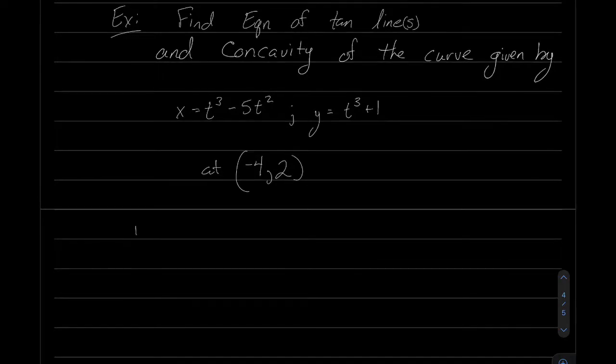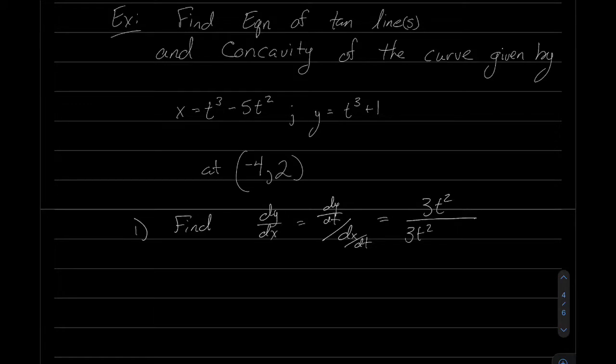So let's first start by finding dy/dx. So that's dy/dt over dx/dt. So as we saw before, it's 3t squared over 3t squared minus 10t.